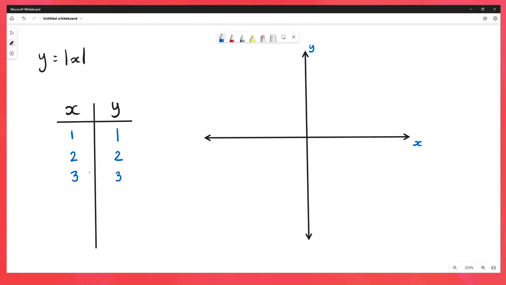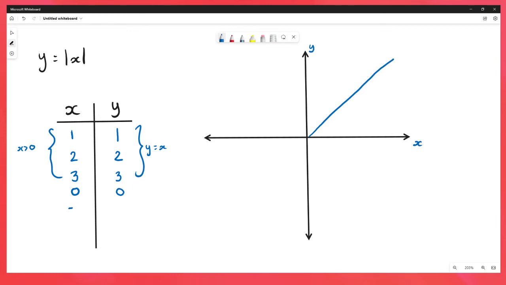So when x is greater than 0, which is these bits here, this graph looks like y equals x. So we get a straight line like that. 0 spits out 0, so same thing.